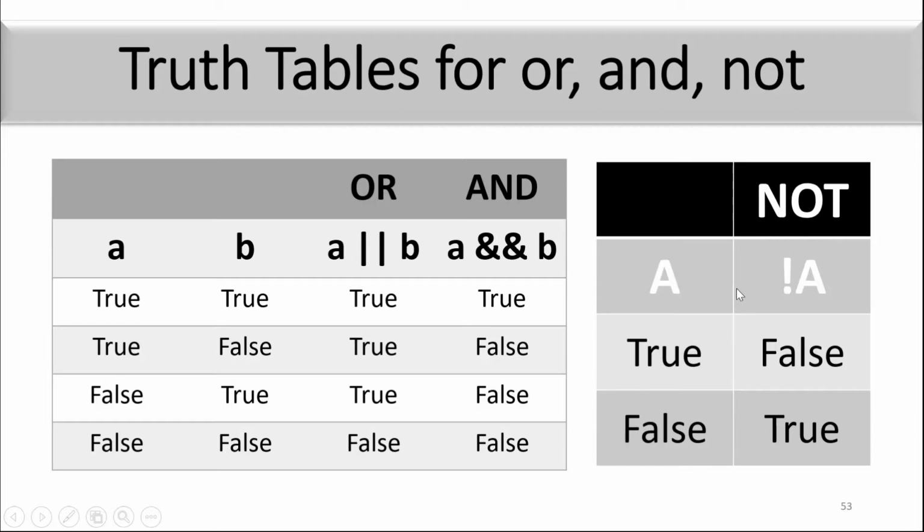If A is true and you apply NOT, then the answer is false. If A is false and you apply NOT, then the answer is true. So that's the truth table for AND, OR and NOT.